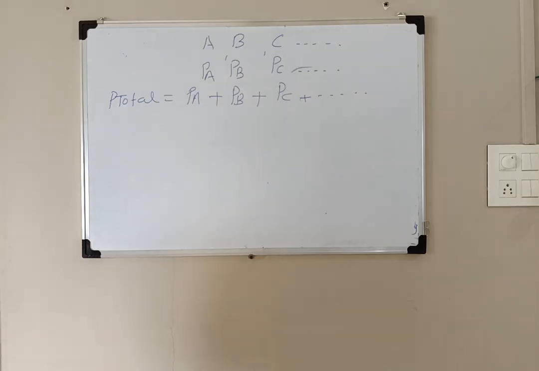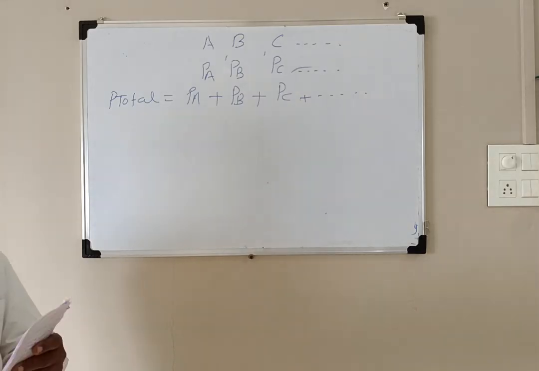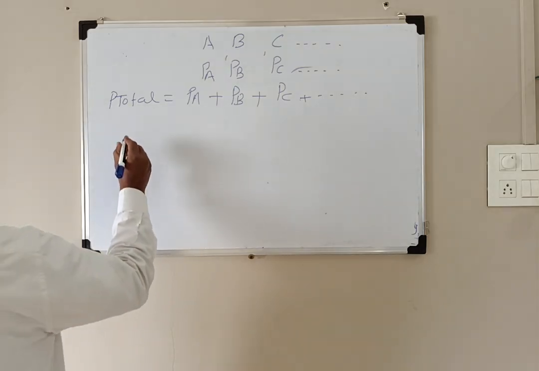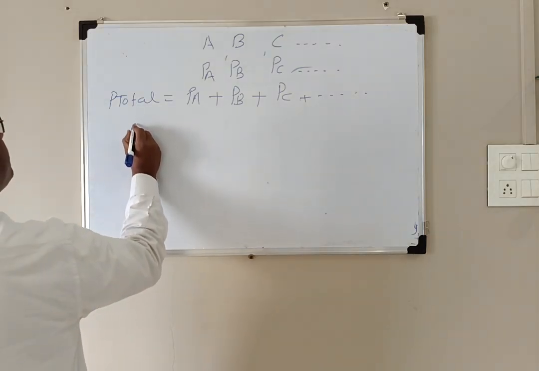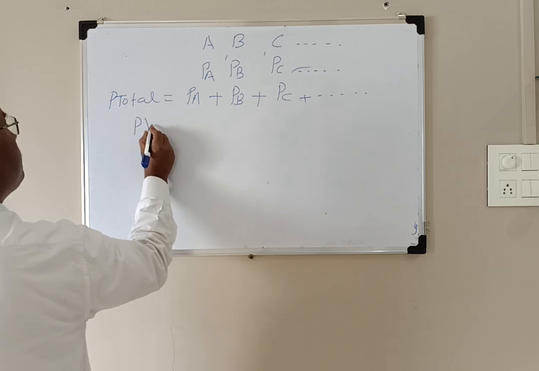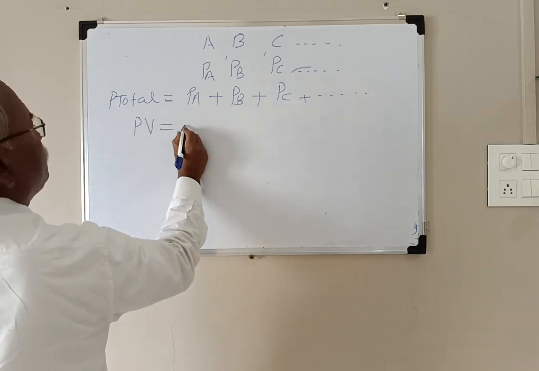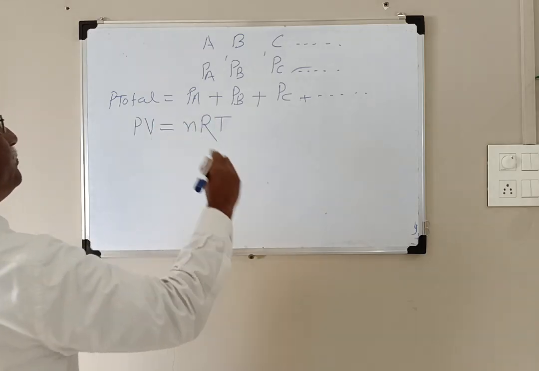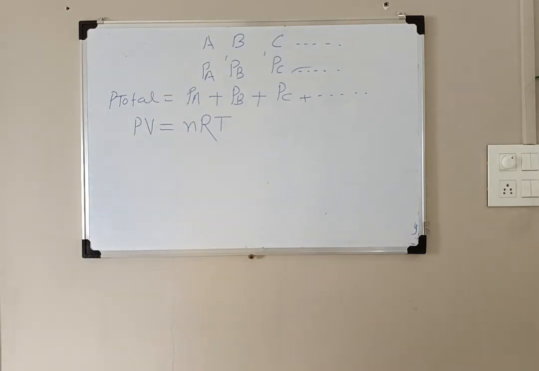Is it clear? If it is clear, I am going to explain one more point. You know the ideal gas equation PV is equal to nRT.